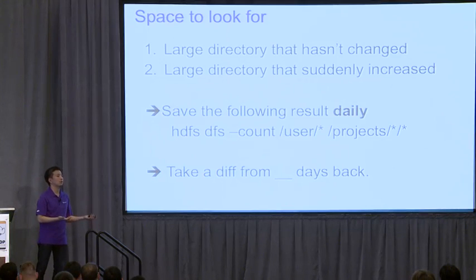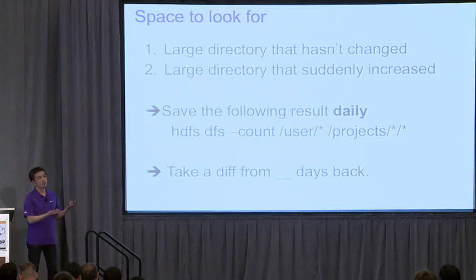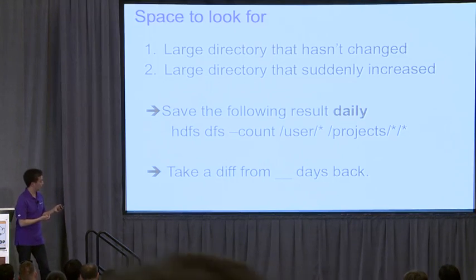Is this directory stale? Or, we're hitting this space issue, and you increased the size by 100 terabytes in 1 day. Can you delete? If I show this data, they're likely to comply. They're very nice users. So keeping this simple count helped me a lot.